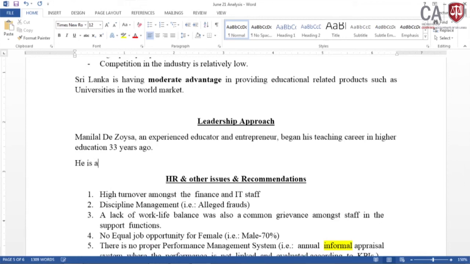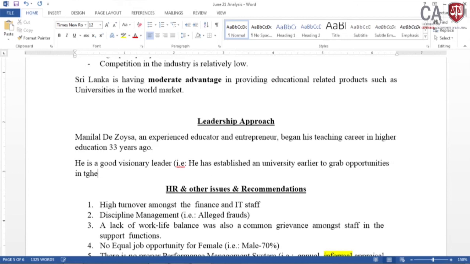He is a good visionary leader because he has established a university early, to grab opportunities in the industry. Anything else?